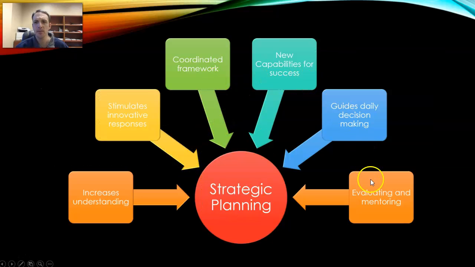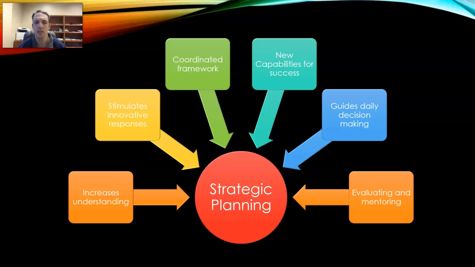So think about strategic planning as basically taking all of the different things that we work with and putting them into a conscious thought process.